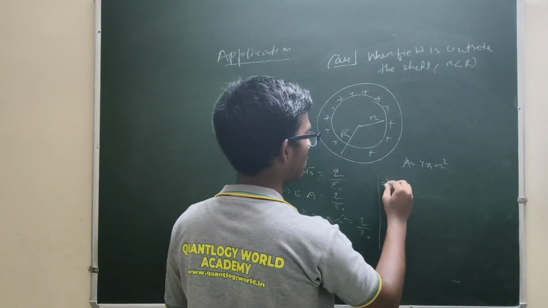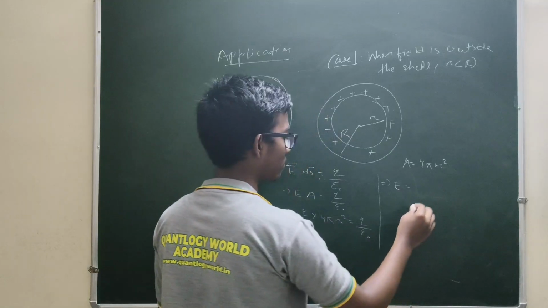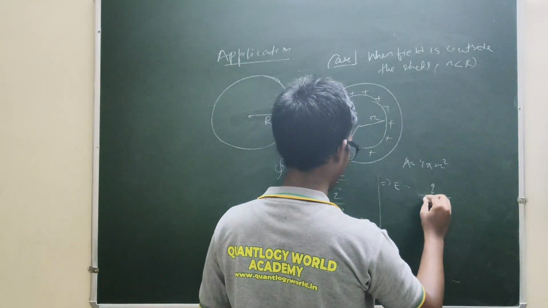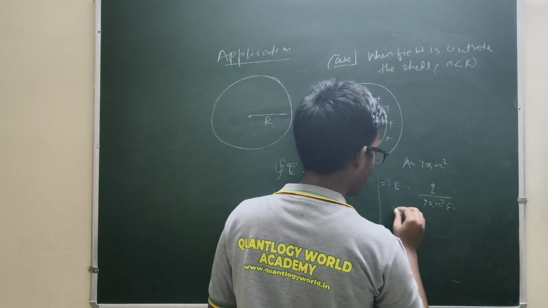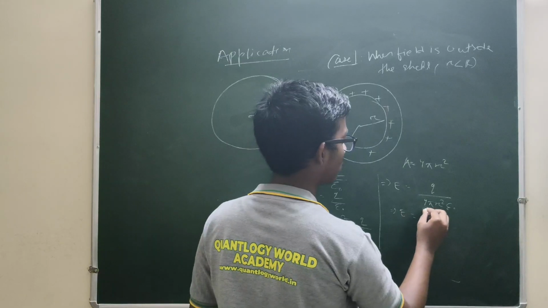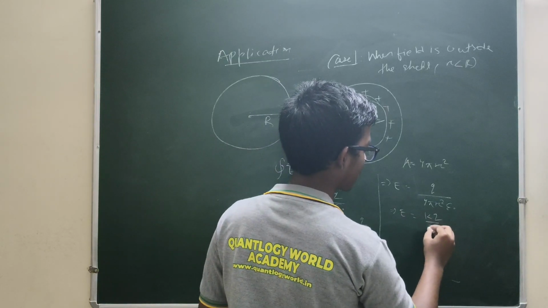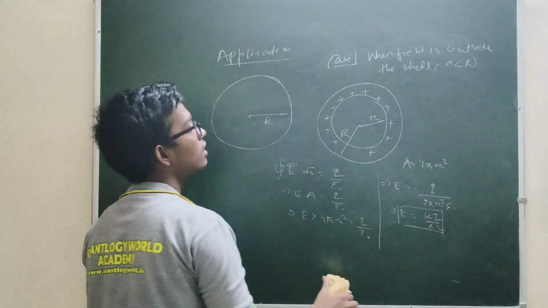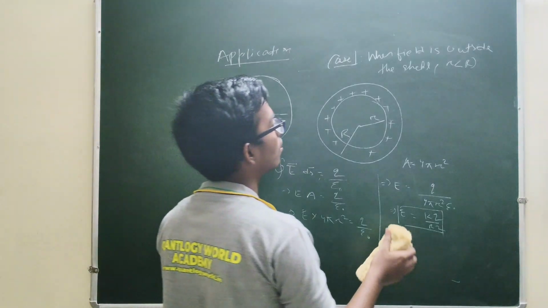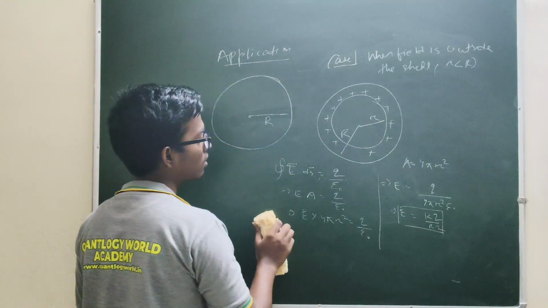That implies we can write E is equal to Q by 4 pi r square epsilon naught. Also we can write it as E equal to KQ by r square. So it is the first case, when the field is outside the shell.